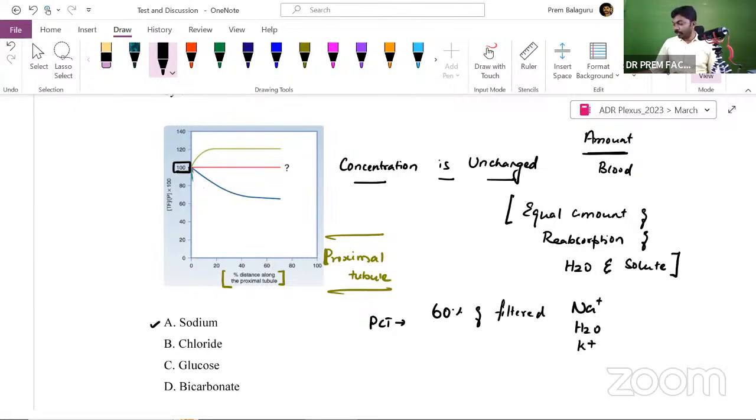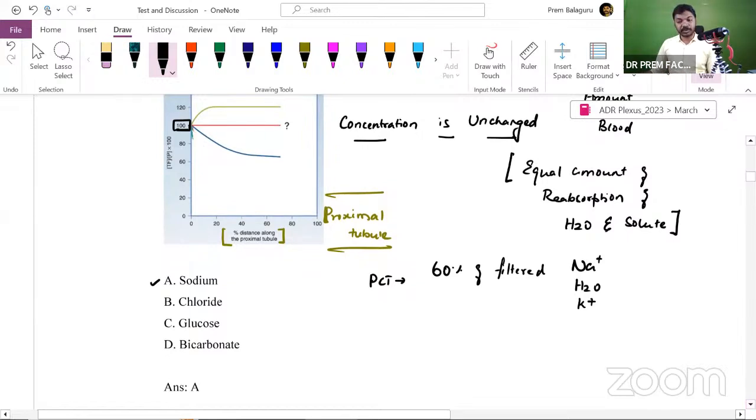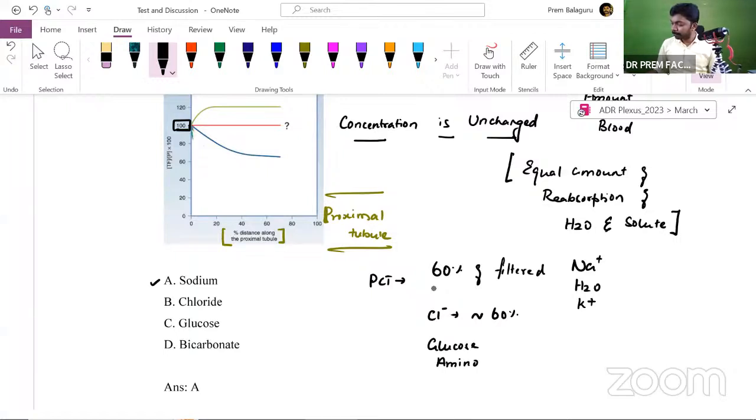All right. Sodium, water, and potassium are reabsorbed up to 60%. Chloride is on an average of 60%, but not exactly 60%, whereas glucose as well as amino acids are reabsorbed 100%.